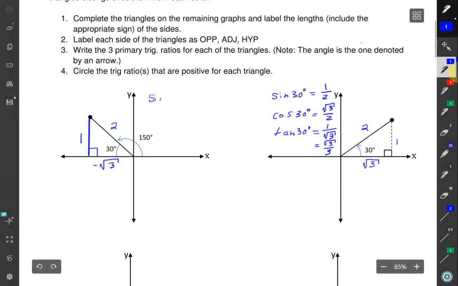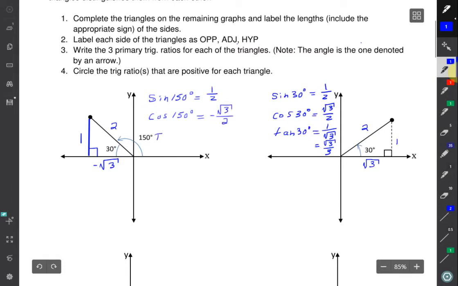The sine of 150 degrees is equal to the opposite over the hypotenuse, which is 1/2. The cos of 150 degrees is equal to the adjacent, which in this case is minus root 3, over the hypotenuse, which is 2. This is minus root 3 over 2.